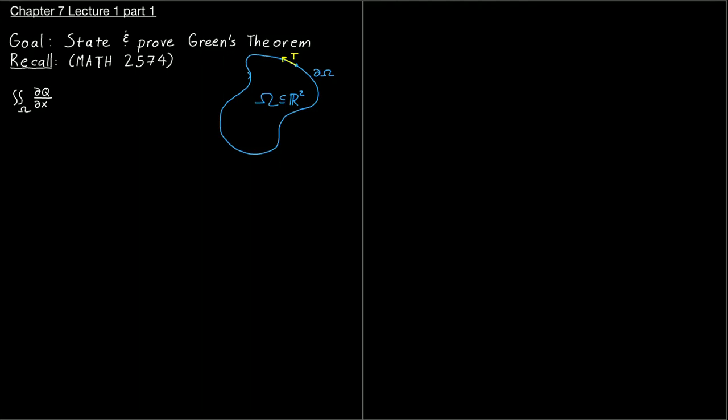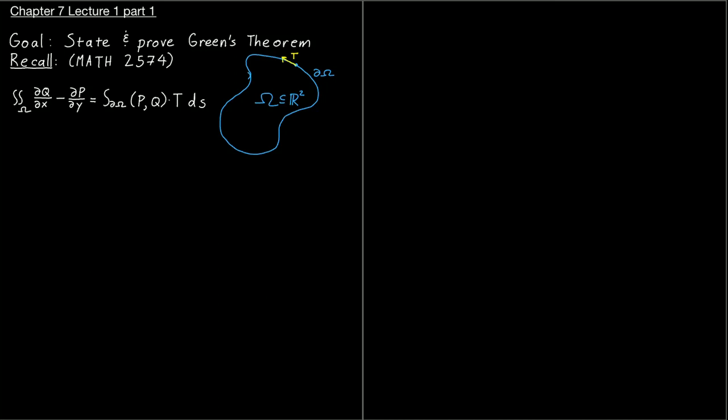So partial Q, partial x, the partial derivative of Q with respect to the horizontal variable, minus the partial derivative of P with respect to the vertical variable. That is equal to the integral over the boundary of omega of the vector PQ dot product with the tangent, and then integrated with respect to arc length.